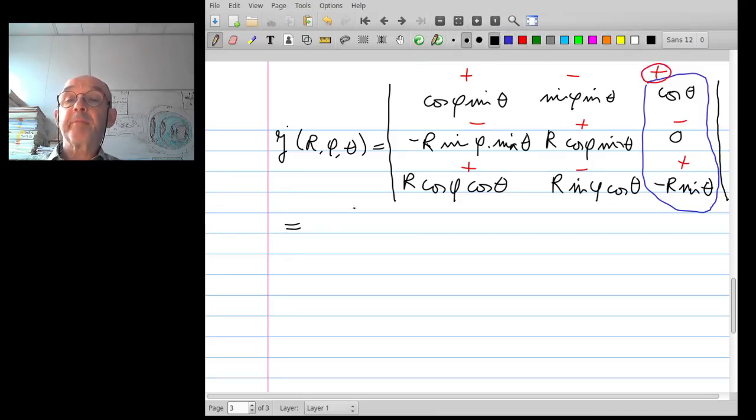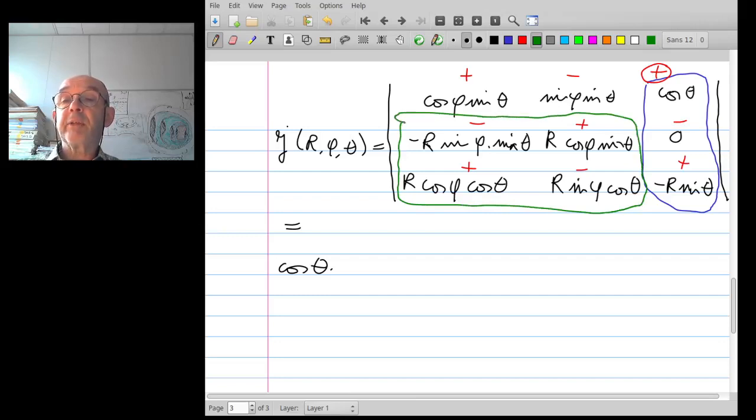So I get cosine theta times, and then the last column I let away, the first row I let away, and I calculate the determinant of that 2 by 2 determinant, which is staying here without the plus. And what do I get out of it?